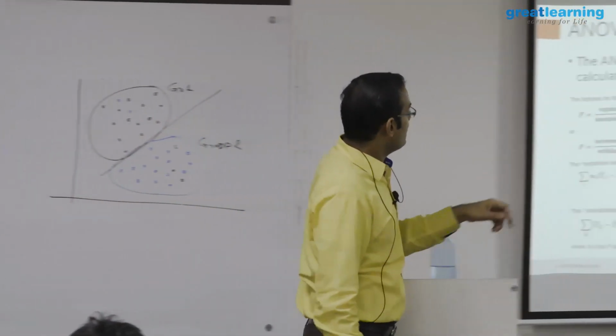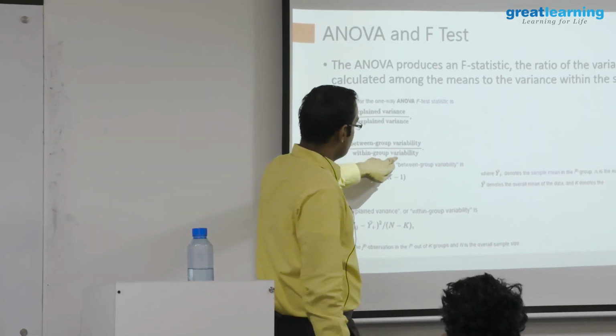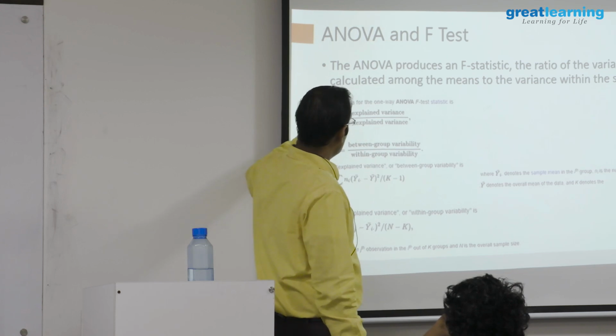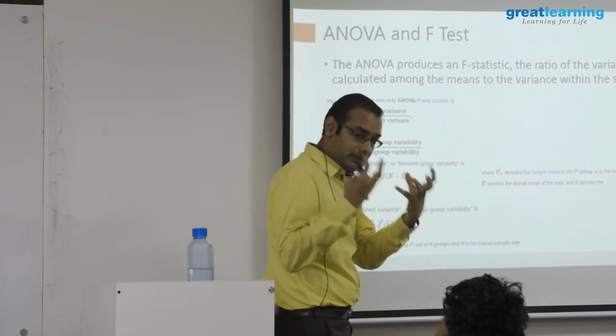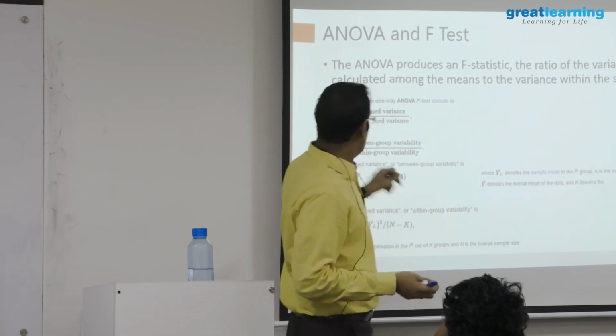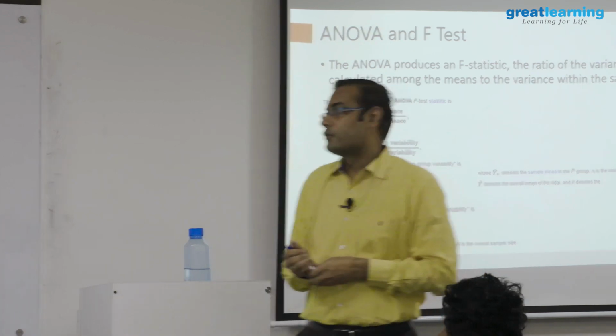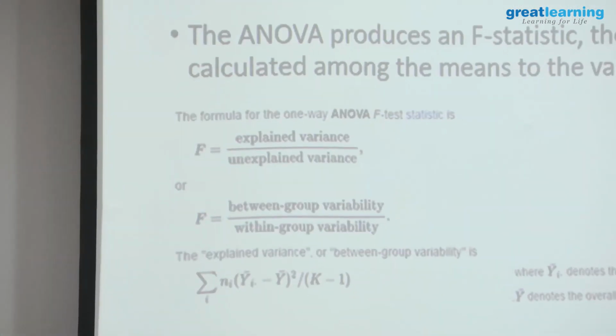That is the unexplained part. The variability which you have been able to understand by grouping them apart is the between group variability. Okay, so those are the two elements.